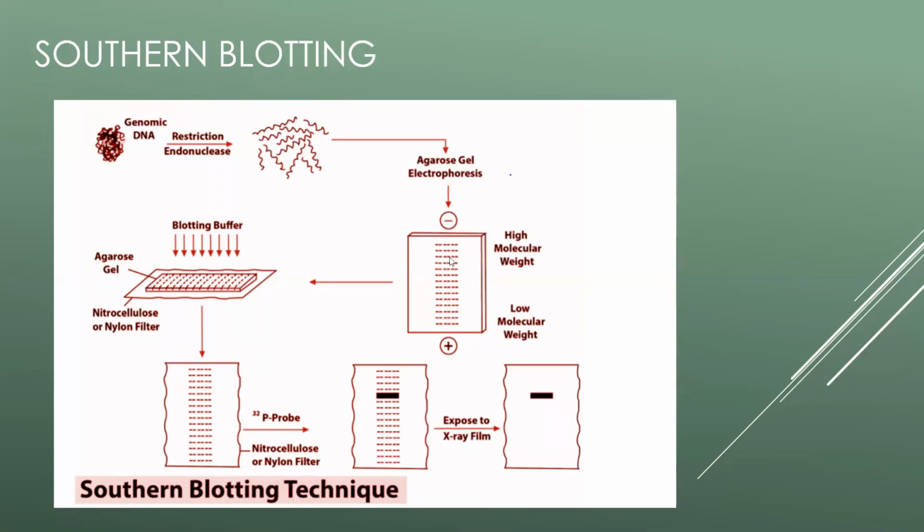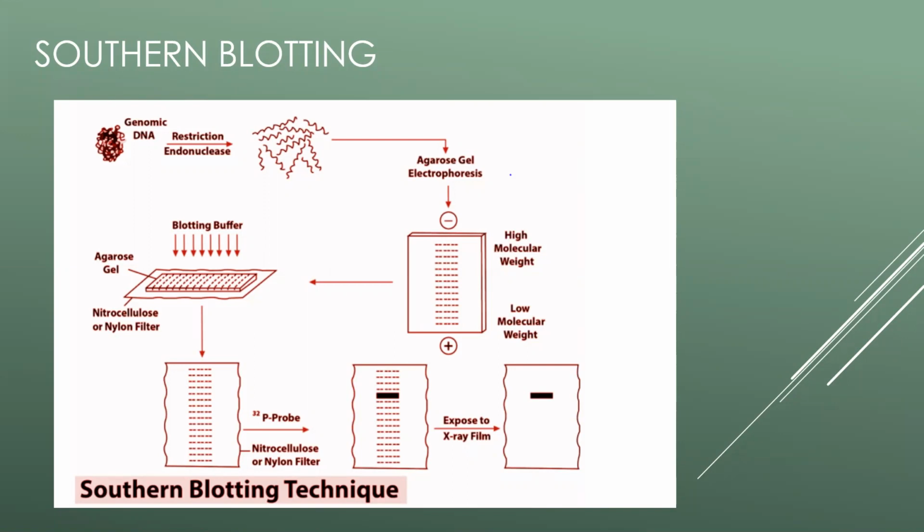The DNA samples are placed into the wells of the gel surface and the power supply is switched on. As DNA is negatively charged, the DNA fragments move through the gel towards the positive electrode.